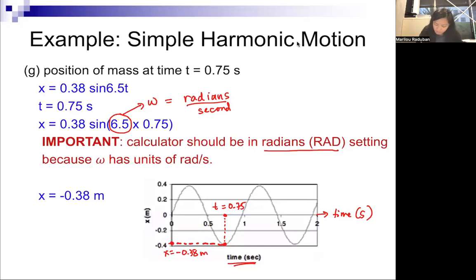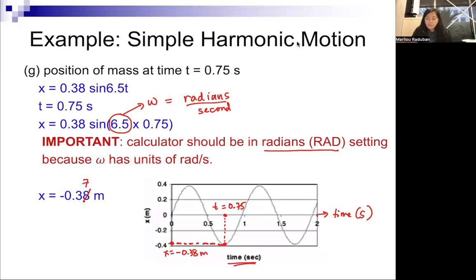I also got, yeah, that's correct. Negative 0.37. The numbers are pretty straightforward because there are no rounding errors. 6.5 is given, 0.75 is given, and 0.3 is given.